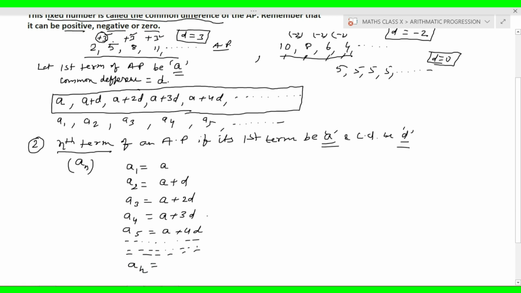If we write this expression in terms of 5, it will be A plus 5 minus 1 into D. Similarly, this will become A plus 4 minus 1 into D. A plus 2D, we can write as A plus 3 minus 1 into D. And A plus D, we can write as A plus 2 minus 1 into D. Here is your A, so A plus 0 into D, and 0 can be written as 1 minus 1, into D.